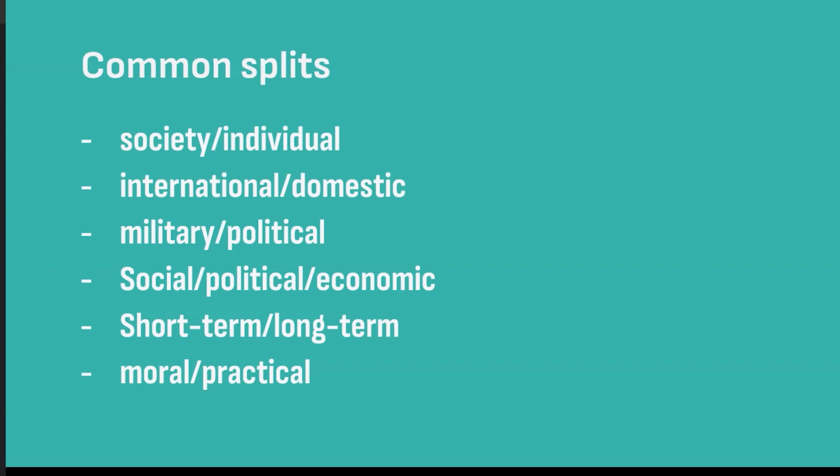Then we might have international or domestic groupings, such as talking about how the motion impacts people on an international level or just on a domestic one, such as the individual country or region. We can have military or political, and all of these others that are here. Those are common splits that you might encounter and that you might need to use when you're deciding how to distribute arguments.